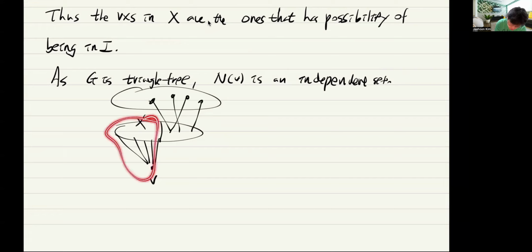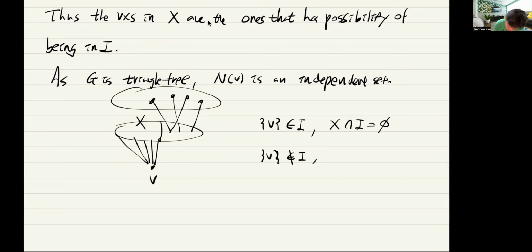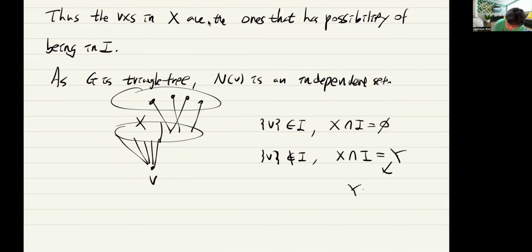So what can happen here? So either B is in I and then X does not contain anything, or B is not in I and the X intersection I is some Y, or any subset.